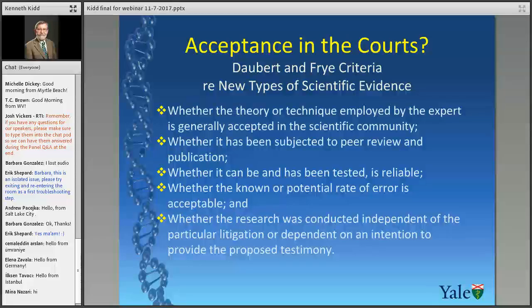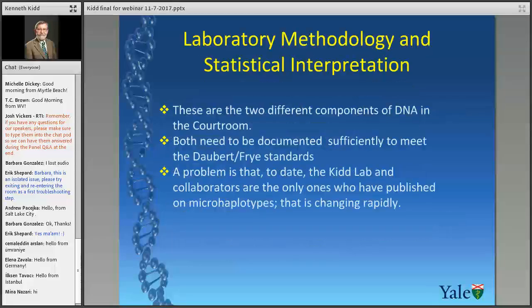Summarized, they want to know whether theory and technique employed is generally accepted in the scientific community, whether it's been subjected to peer review and publication, whether it can be and has been tested and is reliable, whether the known or potential rate of error is acceptable, whether the research was conducted independent of the specific litigation.